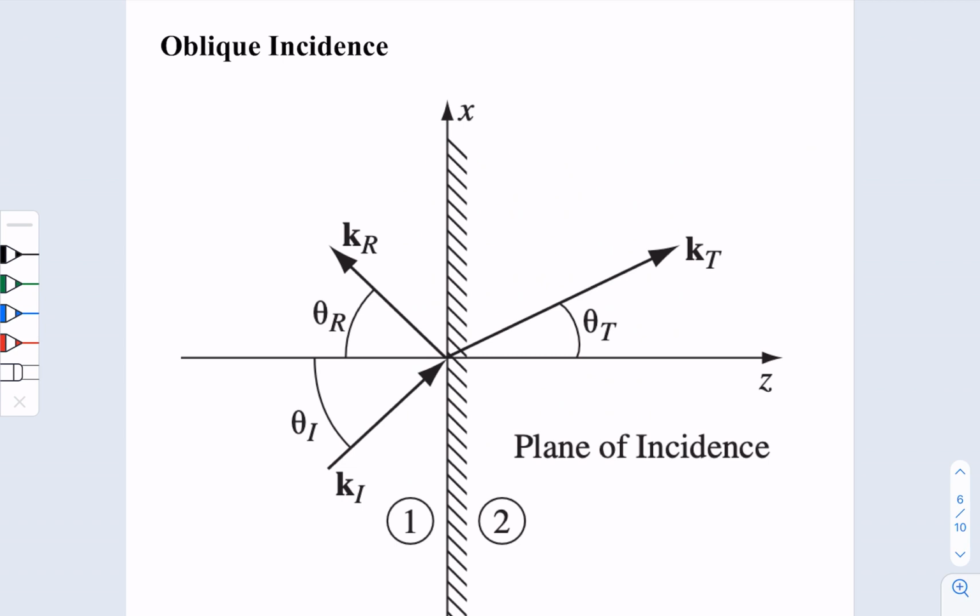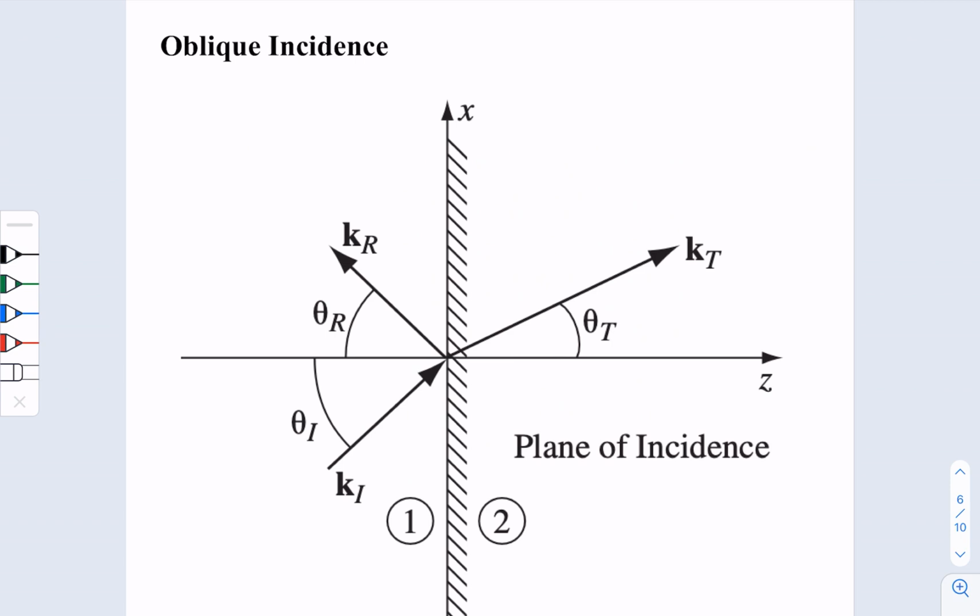So here let's take a look at this case where the light is coming at an angle, where there is an angle of incidence, and then it can be reflected where there is an angle of refraction, and it can also be transmitted, so there is an angle of transmission.